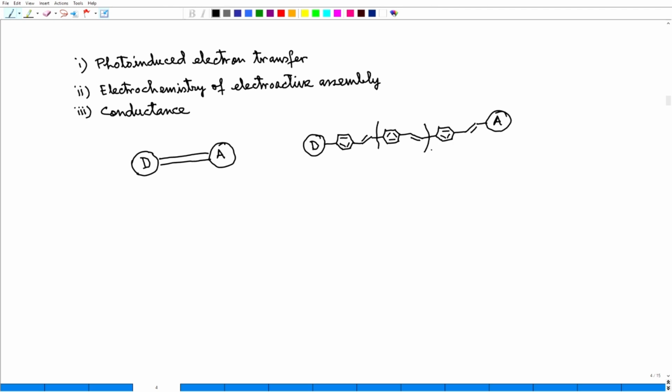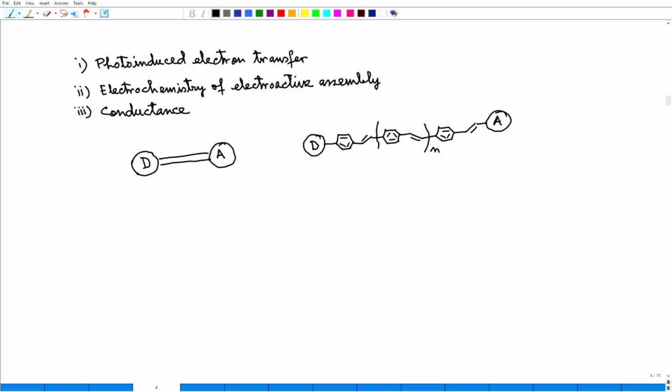And this N can be really big, and these molecules, several nanometers in length, have been realized, very long can be realized. So, it is not a problem. I will now show you some of these photo-induced electron transfers that we showed on the very first day or second day.